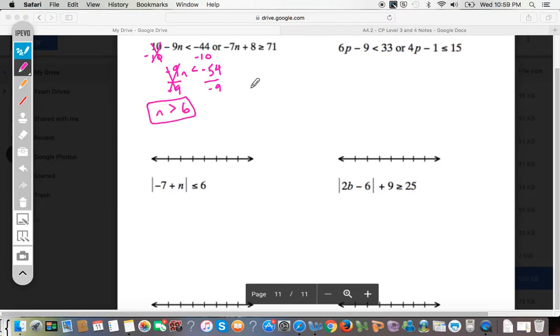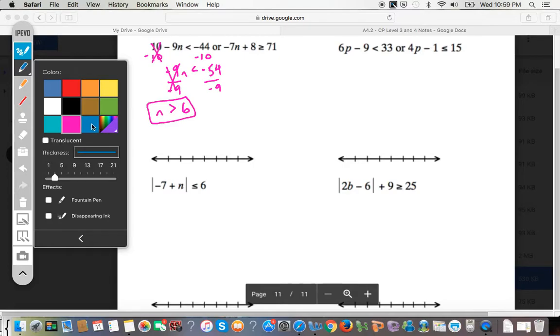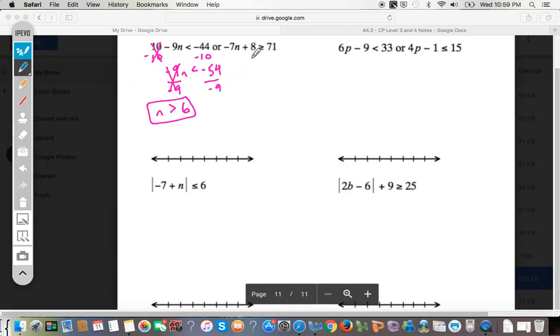So halfway done. Change my color. So negative 7n plus 8 is greater than or equal to 71. So I will subtract 8 on both sides. So these 8's cancel. So I have negative 7n is greater than or equal to 71 minus 8, which is 63. So I'll divide by negative 7 on both sides.